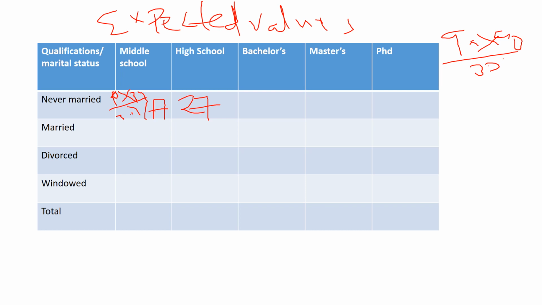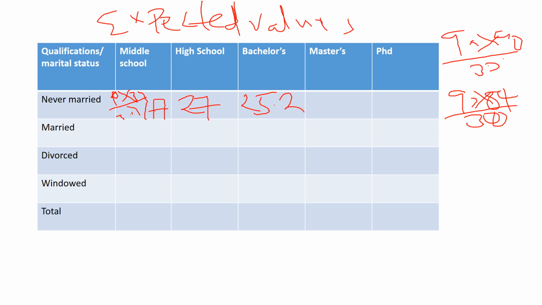Then we also calculate the bachelors, and for us to calculate the bachelors, we multiply the total of that row, which is 90, by the total of that column, which is 84. Then we divide by the total of our data, which was 300, and in this case we get 25.2. So that is how we can get the expected values.